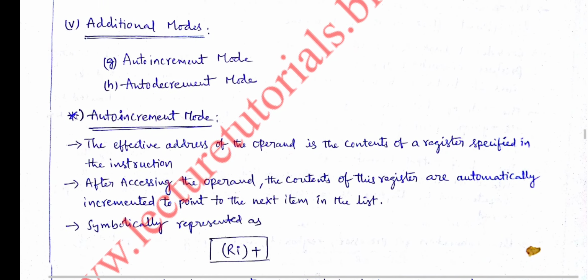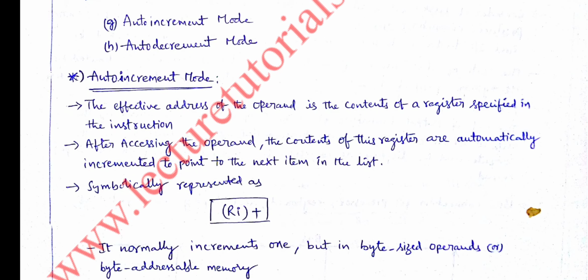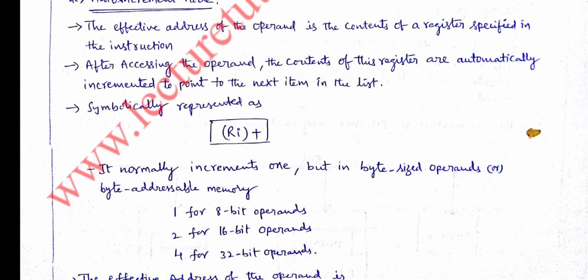Additional modes. In addition to this, we have some modes. Those are the last two: auto increment and auto decrement mode. Auto increment mode: the effective address of an operand is the contents of a register specified in the instruction. After accessing the operand, the contents of this register are automatically incremented to point to the next item in the list.